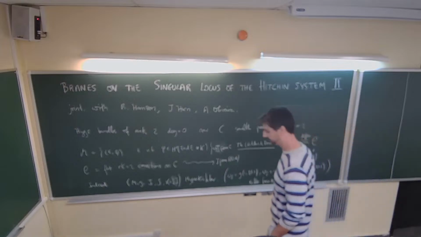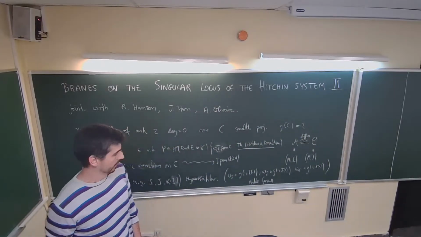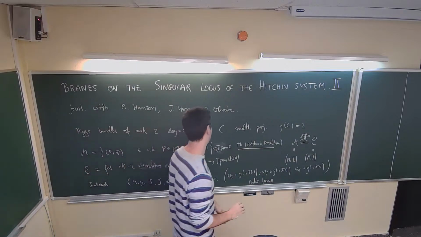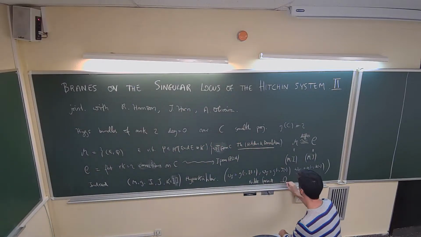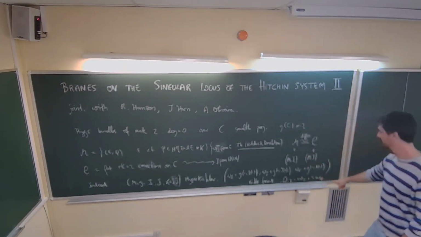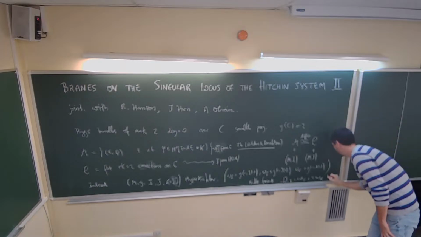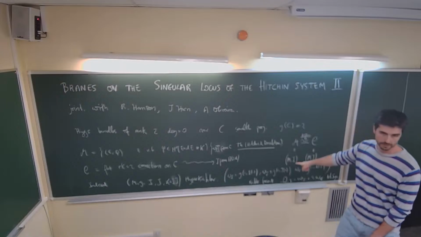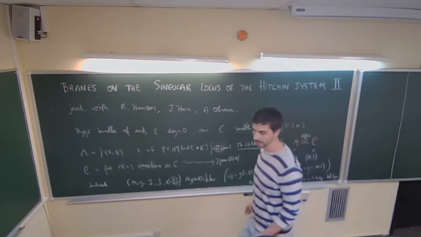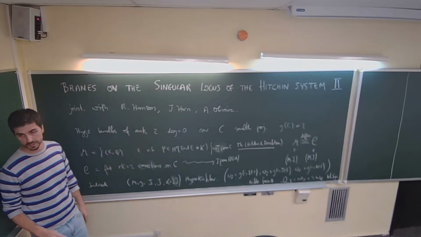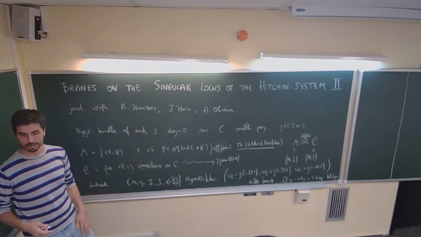And in fact, one can build holomorphic symplectic forms. For example, one can consider omega J plus I omega K, little omega J plus I little omega K. This is a holomorphic symplectic form for the complex structure I. One can equip our moduli space of Higgs bundles with a holomorphic symplectic form.